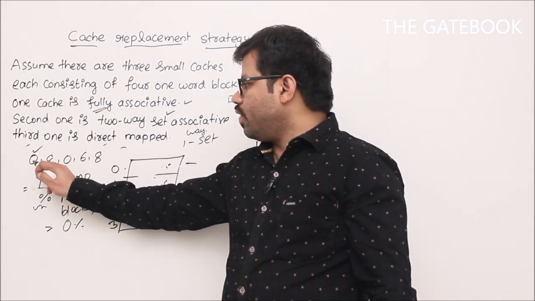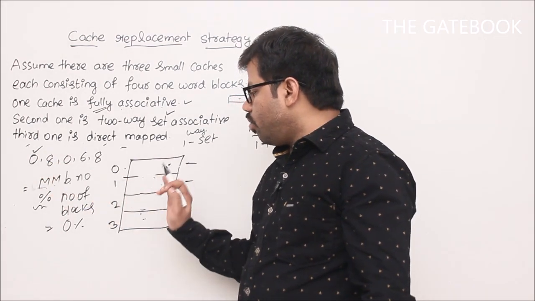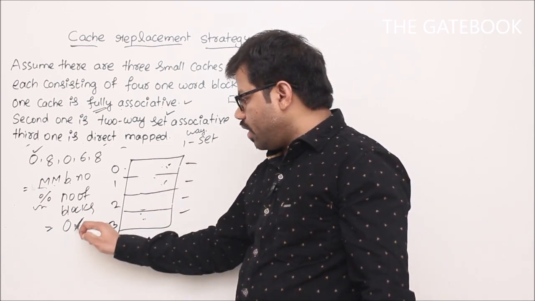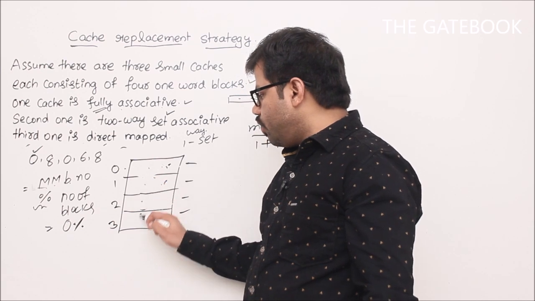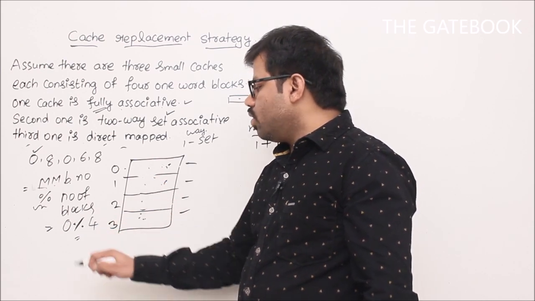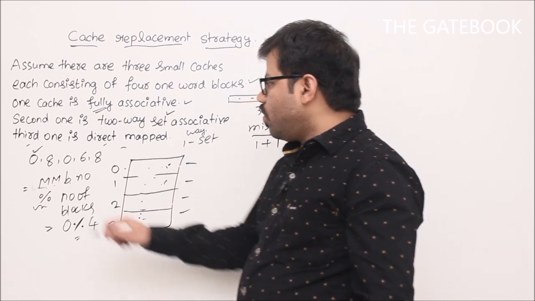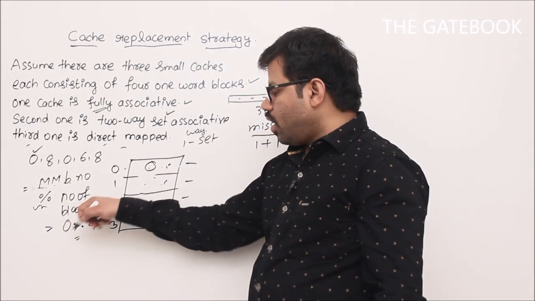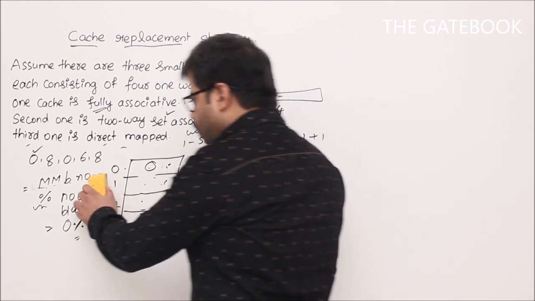How many blocks do we have? Totally 4 cache blocks, 1, 2, 3, 4. So 0 modulo 4 is 0. That means 0 will be kept here, right? Because the formula gave us 0.